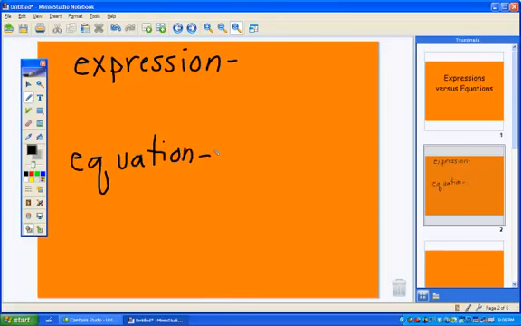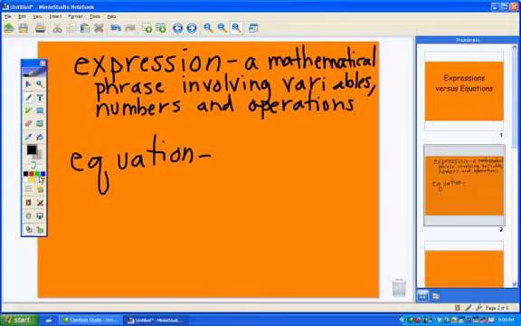In our video about expressions, we said that an algebraic expression, and we're talking about algebra for both of these, is a mathematical phrase involving variables, numbers, and operations. So an example of that could be, like I just said, a plus 7.